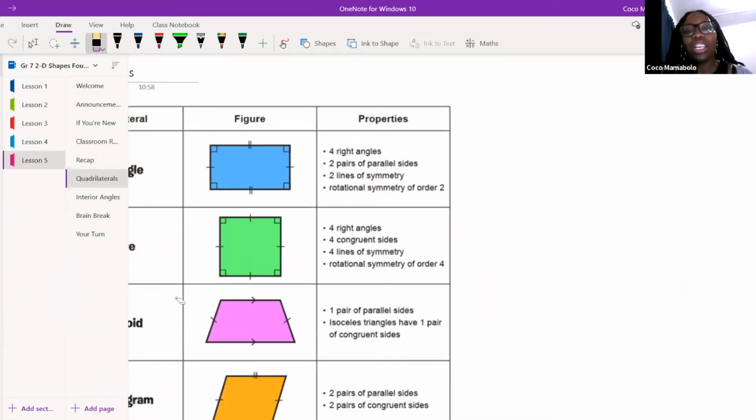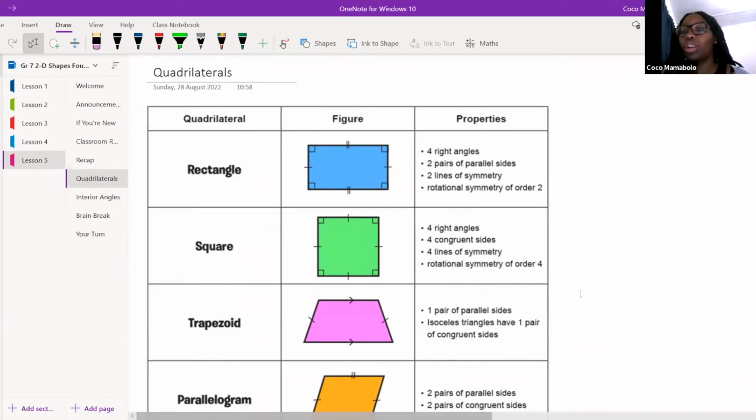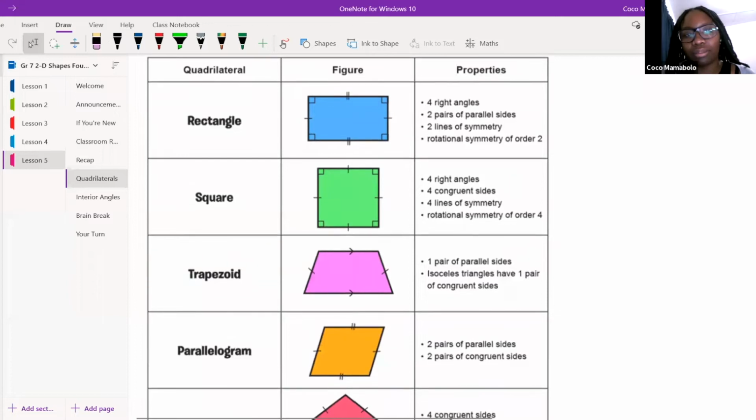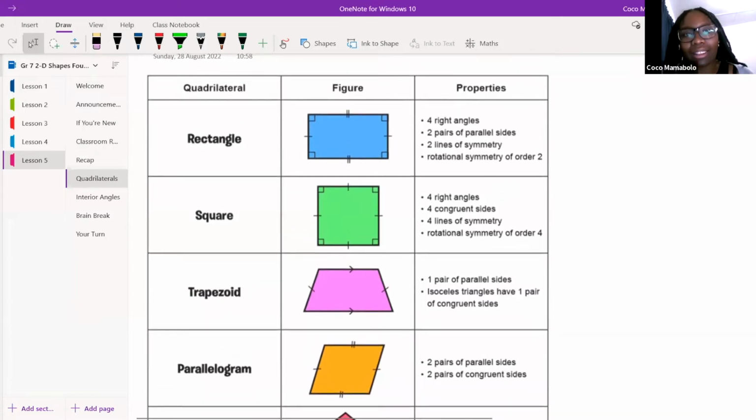Okay, good. Now we're going to learn about the types of quadrilaterals that we have. And I want you guys to take a screenshot of this if you can. Yes, Misela, at the moment, quadrilaterals are all 2-dimensional, and they're flat shaped and they're closed. Excellent.